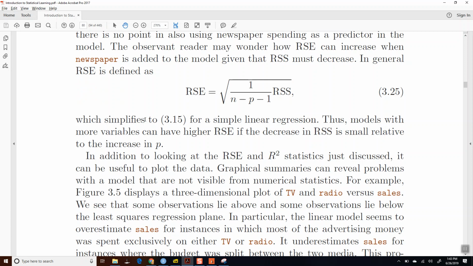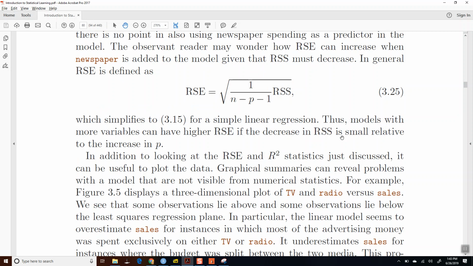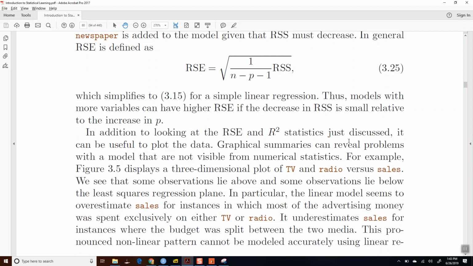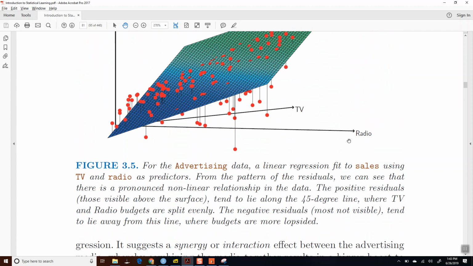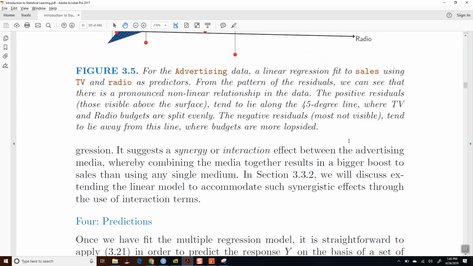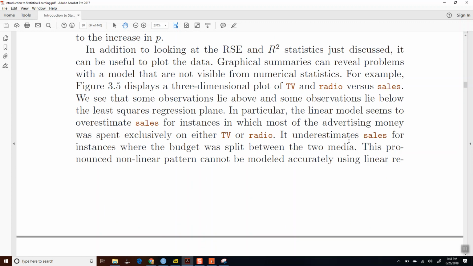So RSE will increase, even given that the RSS decreases. Okay. So using solely the R-squared may not be the best. Okay.